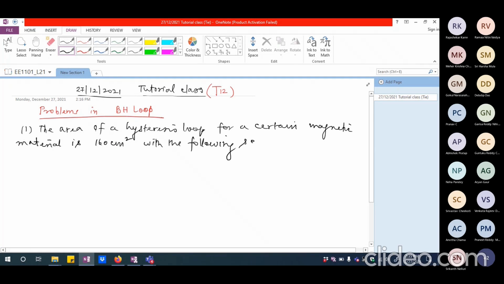The scale of X and Y axis are given here. X axis 1 centimeter equal to 25 ampere per meter, and Y axis 1 centimeter equal to 0.1 Tesla. Okay.